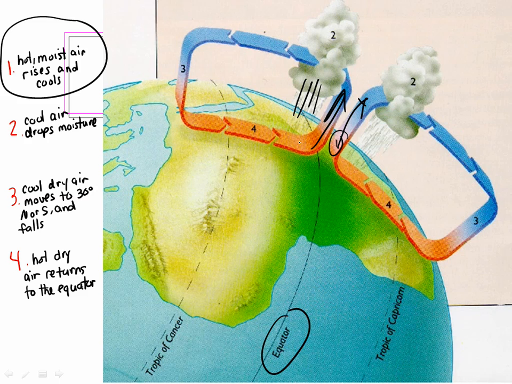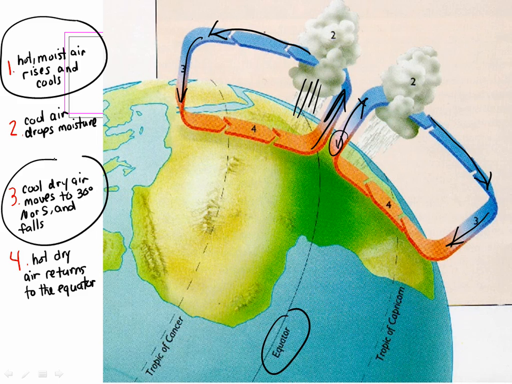So at the equator, it's not surprising, this is where you would find lots of tropical rainforests. Now the air is cold, but it can't fall because there's hot air still coming up out of the equator. So as a result, the cold air moves over either 30 degrees north or 30 degrees south of the equator. There it's free to fall because of its greater density.